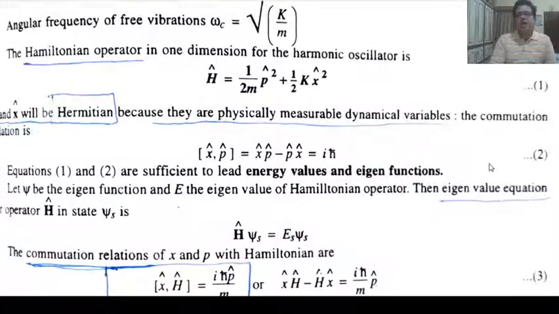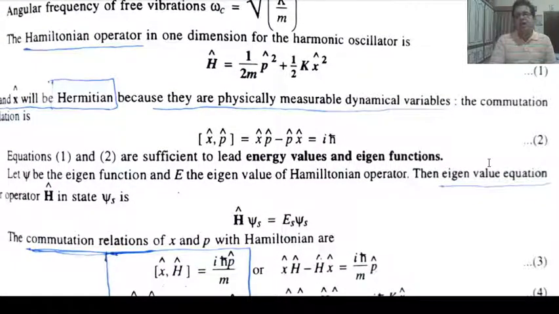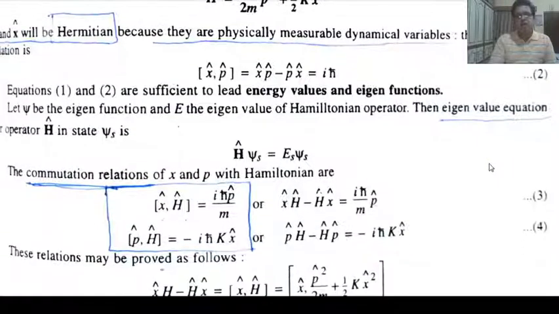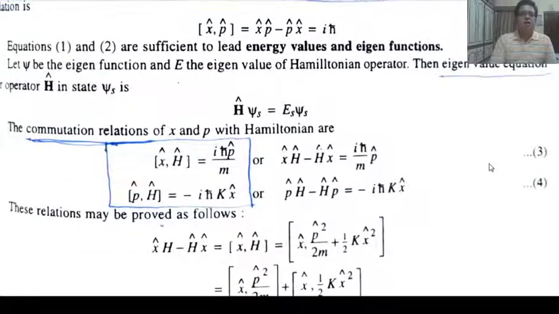Now let psi be the eigenfunction and E the eigenvalue of the Hamiltonian operator. Then the eigenvalue equation, as we have written many times, is H psi s equals E s psi s.